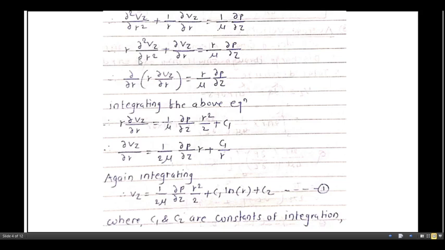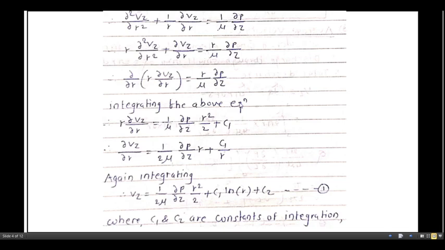So in the next step, if you observe this equation, I can write it in this way: dabba by dabba r into r dabba Vz by dabba r. The meaning of this one is the same, and the other term will remain as it is.